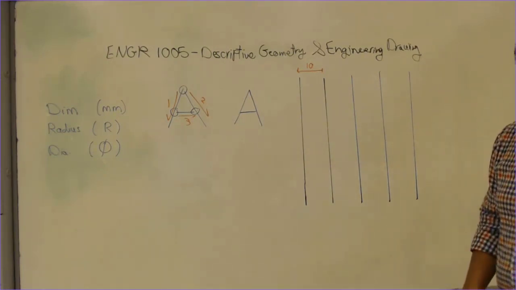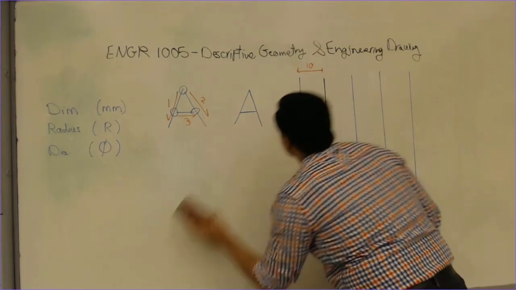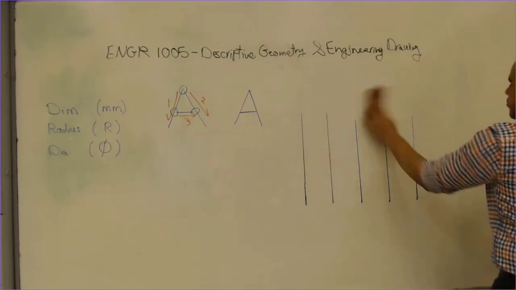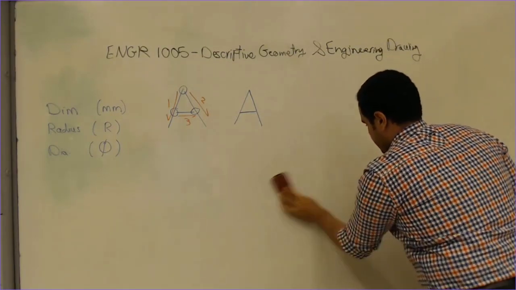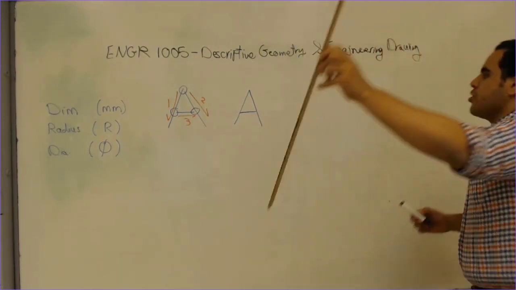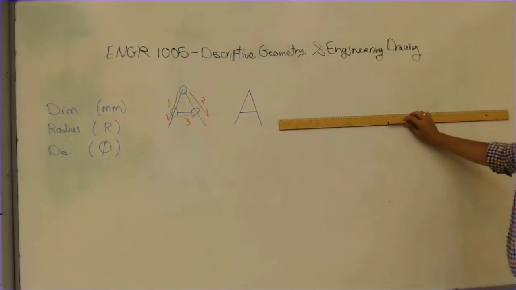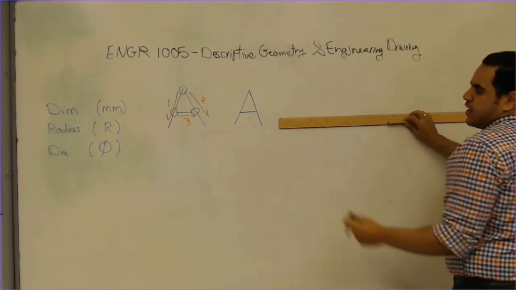So the second type of line is a dashed line. I'm considering myself fixing my ruler horizontally, and I'm going to slide it.